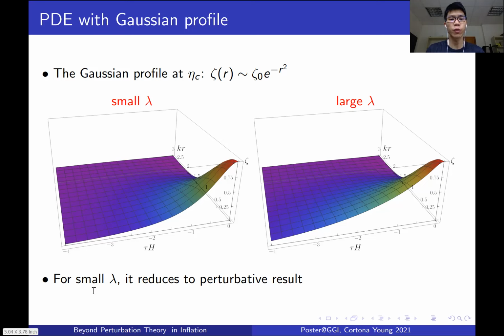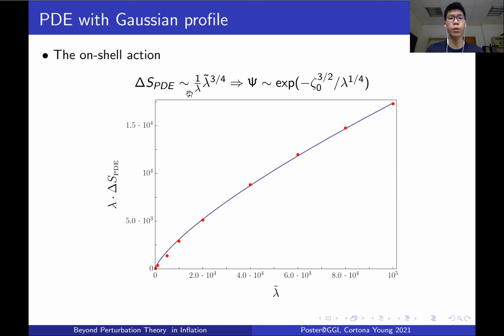Of course, when lambda is small, you reduce to the perturbative result. After we got the solution, we can plug it back into the action to compute the on-shell action. In this case, the on-shell action turns out to be proportional to lambda tilde to the 3/4.